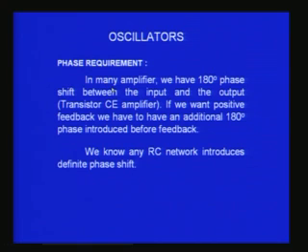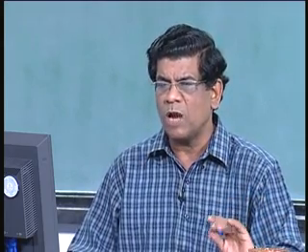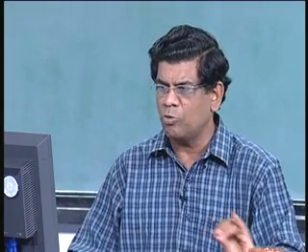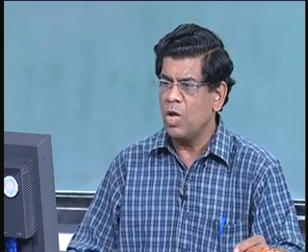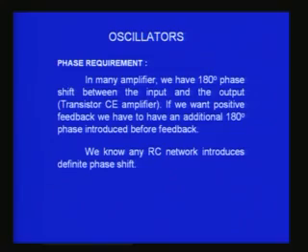But if you actually take any amplifier, for example, an RC coupled transistor amplifier, you know the output is always 180 degrees out of phase with reference to the input. This is a characteristic of an RC coupled amplifier in common emitter configuration. So this 180 degrees shift is already built into the amplifier configuration.